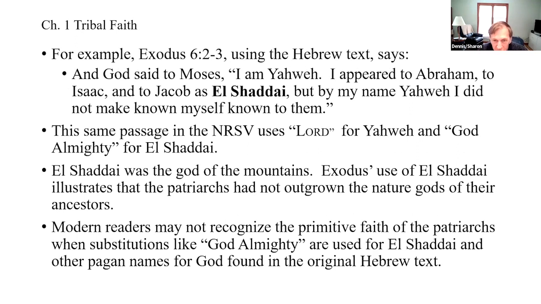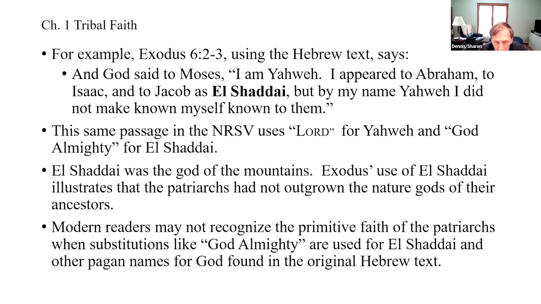Well, in the NRSV, this passage uses Lord for Yahweh and God Almighty for El Shaddai. And you lose the context of these pagan names that were in the original Hebrew text. El Shaddai was the God of the mountains, according to Dempsey, and that illustrates that they still had their nature gods in their belief system.